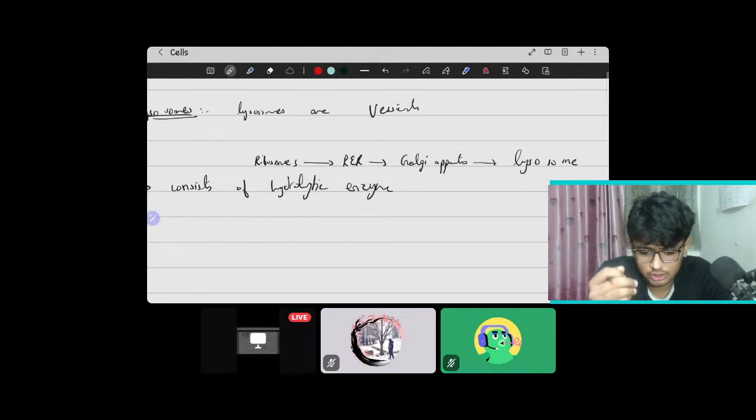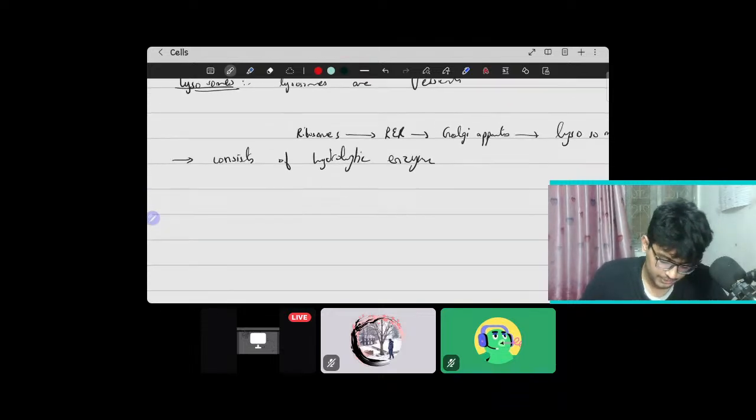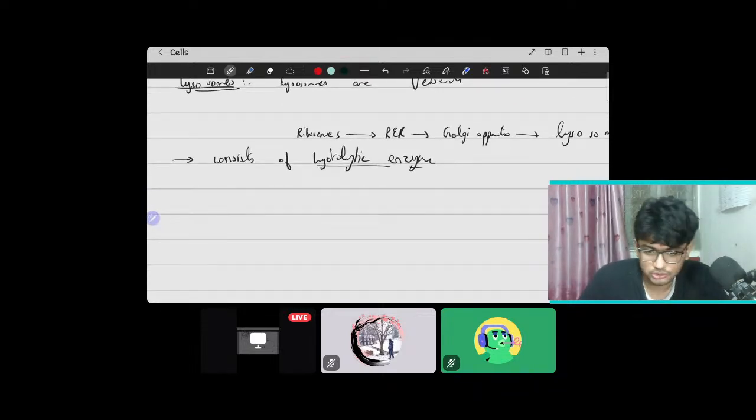For example, polysaccharides are broken into monosaccharides, and polypeptides into amino acids. They're broken down into single units with the help of water, and the process involved in this is called hydrolysis. So hydrolytic enzymes are the ones that promote the reaction of hydrolysis within the cells.